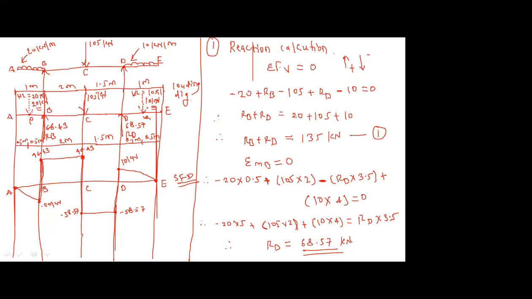But from point B to C and from point C to D, म्हणजे B ला पण एक point load आहे, C ला पण एक point load आहे आणि D ला पण एक point load आहे. Point load म्हणजे reaction line.